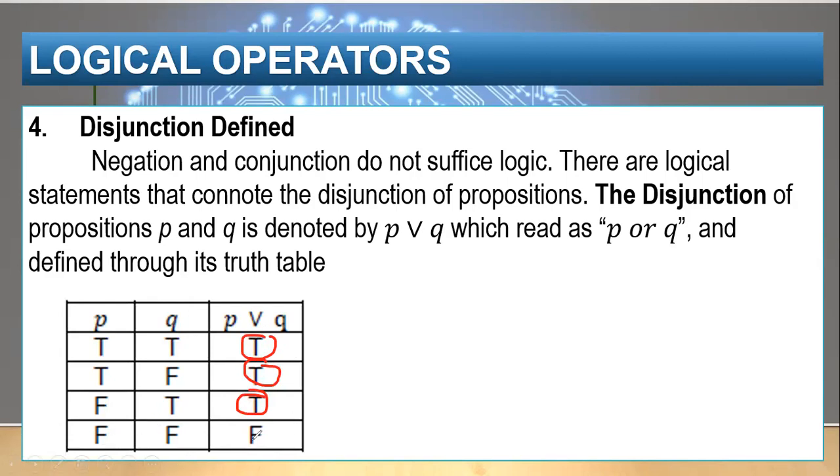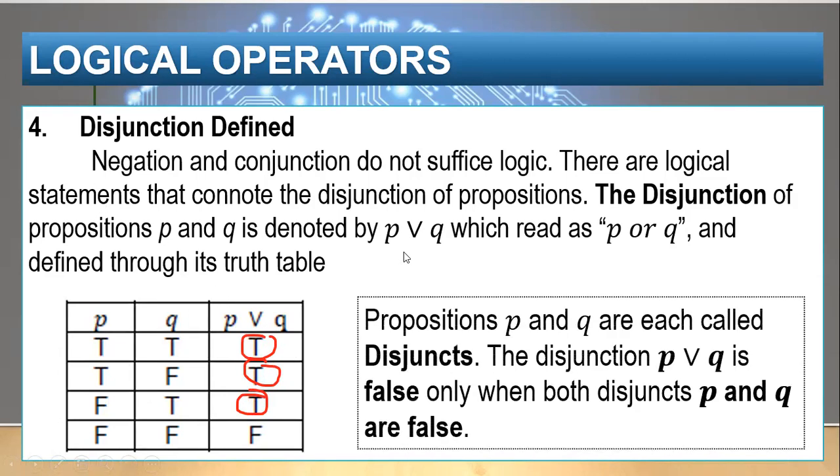So, magfo-false lang siya if parehas na false si P and Q or yung dalawang proposition. The disjunction P or Q is false only when both disjuncts P and Q are false.